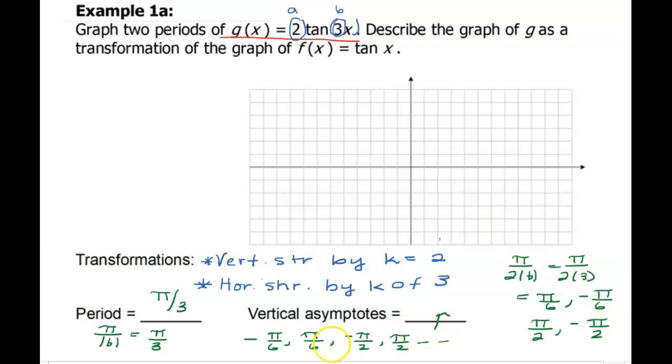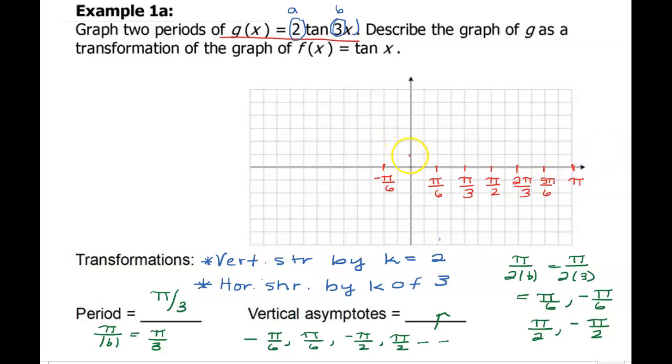I'm going to draw negative pi over 6 here, which means this has to be pi over 6, which means this has to be 2 pi over 6, which is just pi over 3. This has to be 3 pi over 6, which is pi over 2. 4 pi over 6, which is 2 pi over 3. We have 5 pi over 6, and then 6 pi over 6, which is just pi.